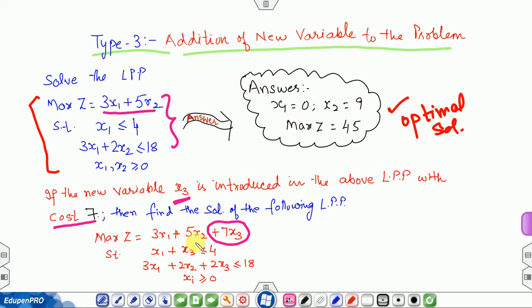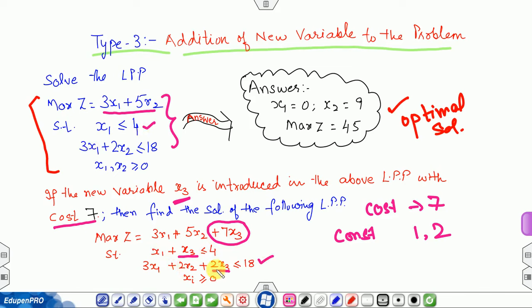And what is the impact on the constraints? The variable cost is 7, and in the constraints the coefficients of x3 are 1 and 2. The remaining constraints remain the same: x1 is less than or equal to 4, 3x1 plus 2x2 is less than or equal to 18.